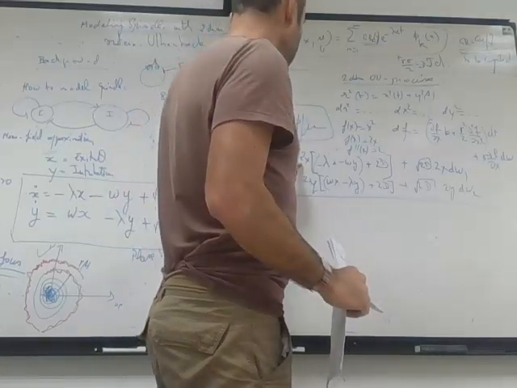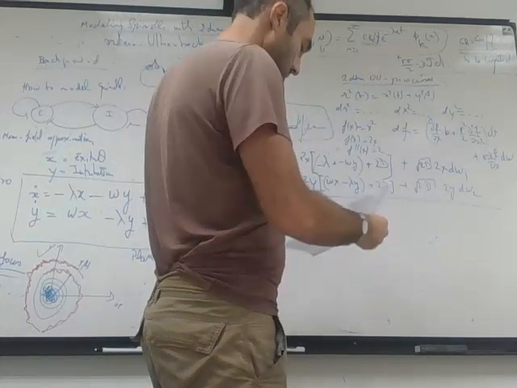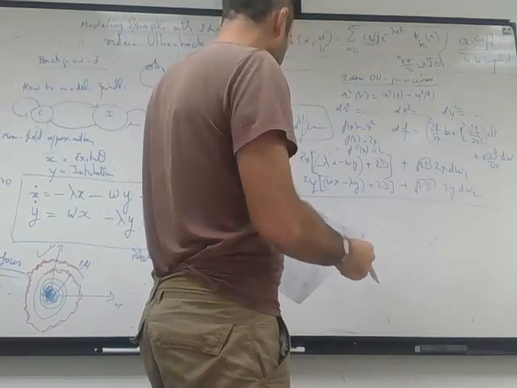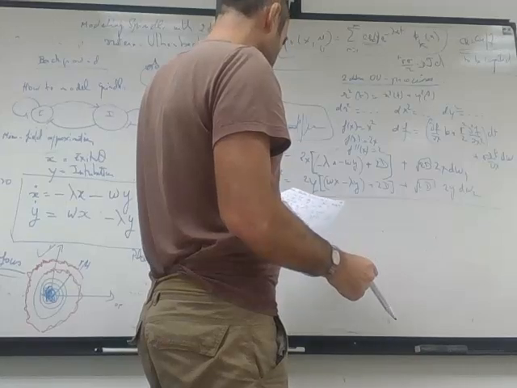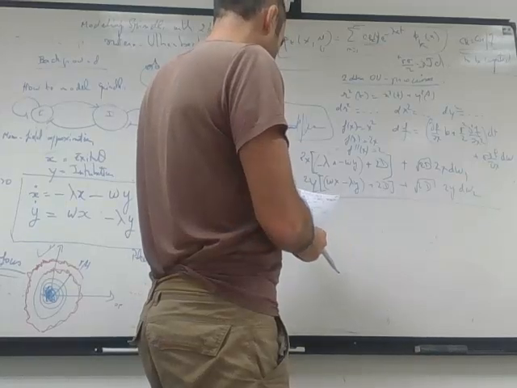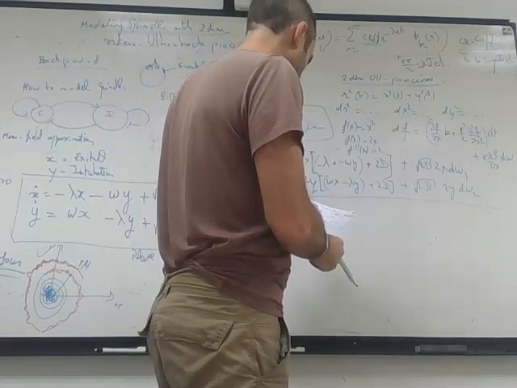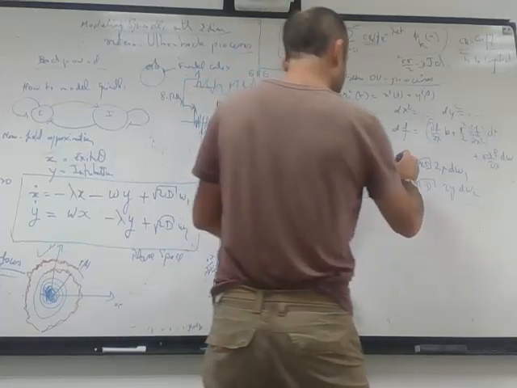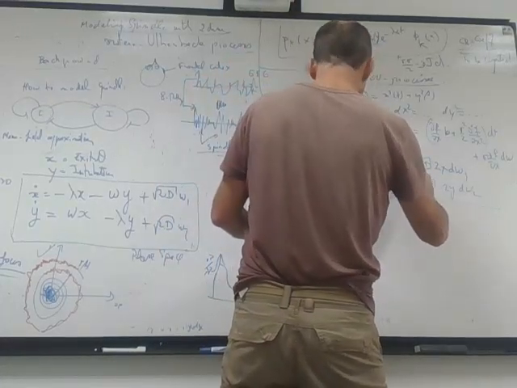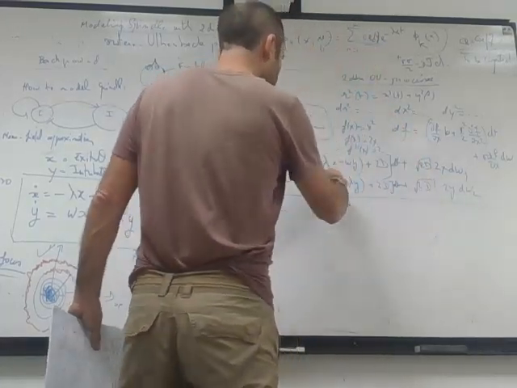So 2x d, and yeah, this is multiplied by dt, and this is dt. All right, 2x minus lambda.